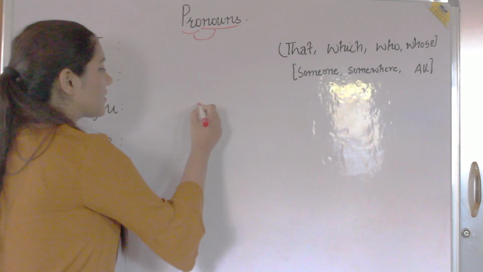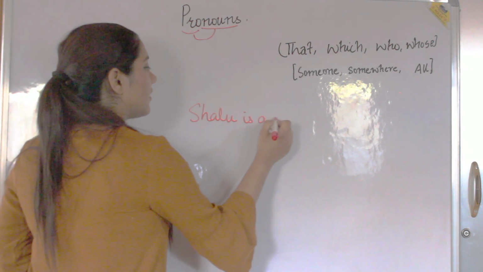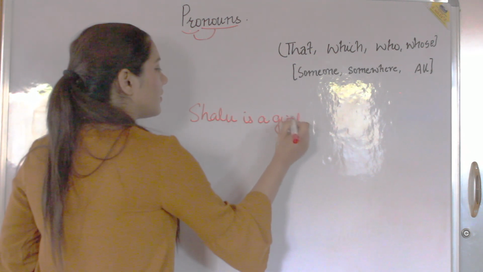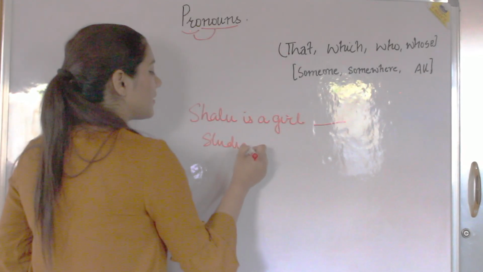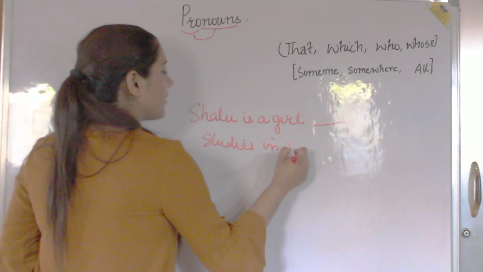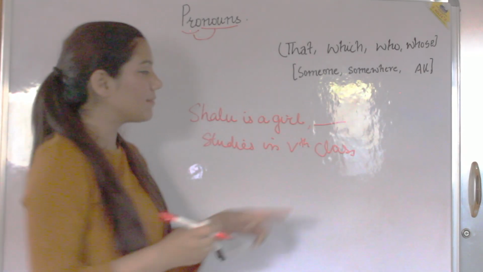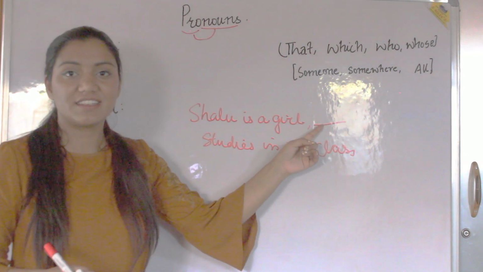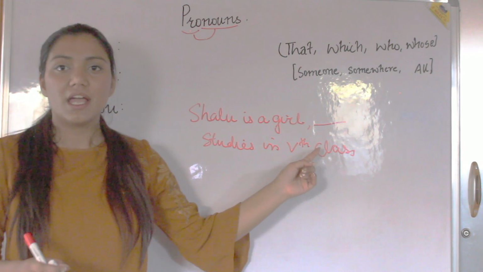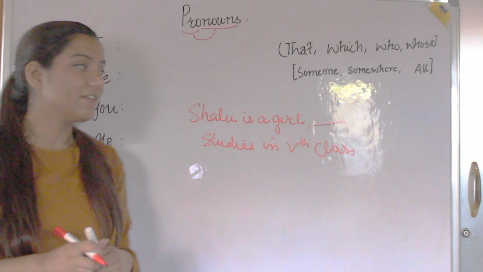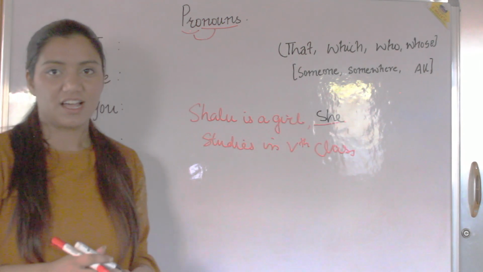So if I want to say Shalu is a girl dash studies in 5th class, can you tell me what we will fill in this dash? We will say she studies in 5th class.